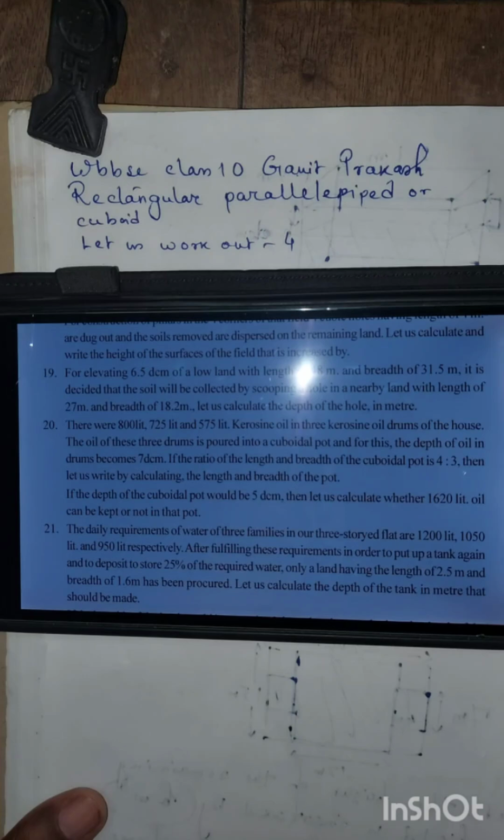Length of the hole is 27 meter, breadth 18.2 meter. So let us calculate the depth of the hole in meter.